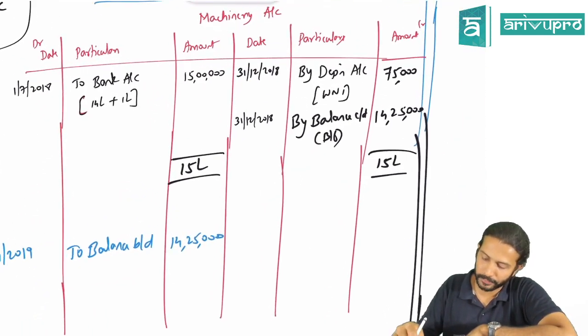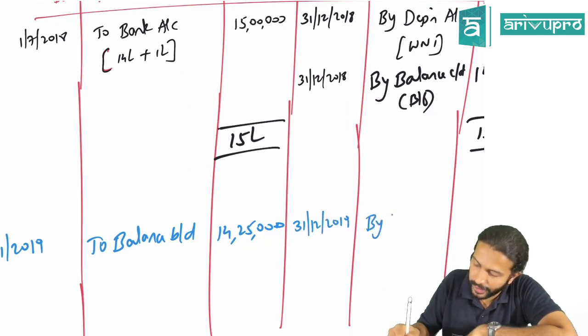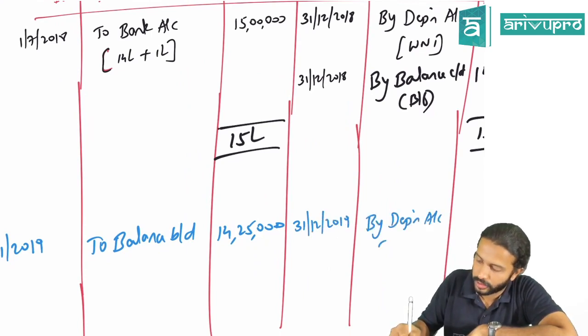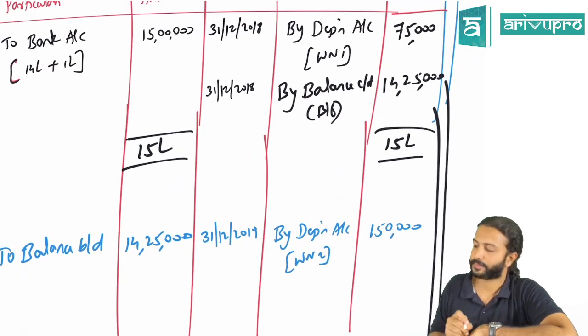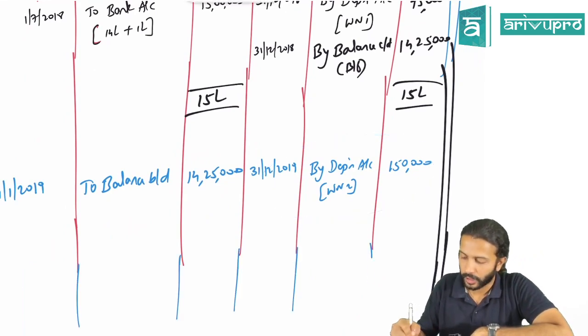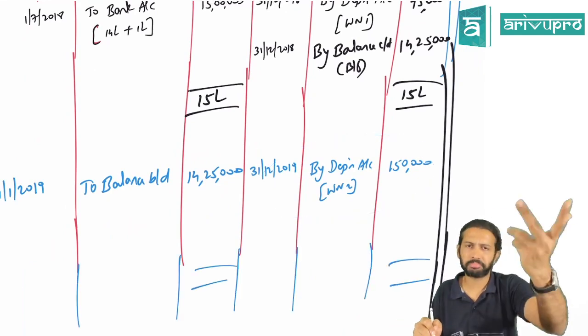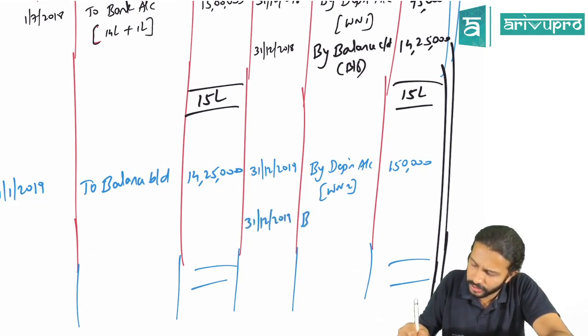Can we do that posting? So on 31st December 2019, we will write by depreciation account. As per working note number 2, the amount is 1,50,000. Anything else happened in 2019? Did I buy any asset? Did I sell any asset? Nothing. That's all. That means at the end of the year, I can close the balance.